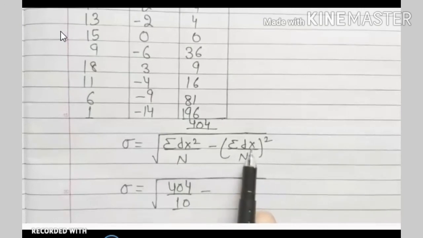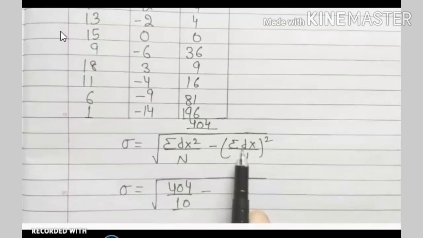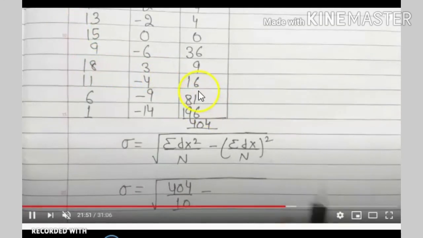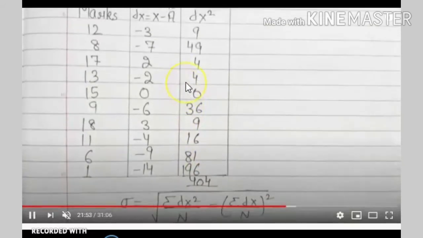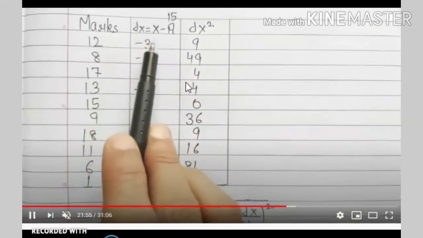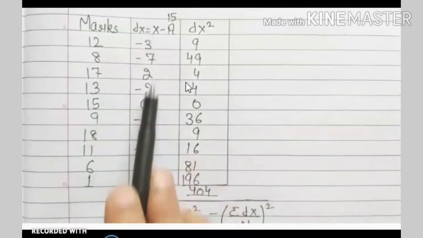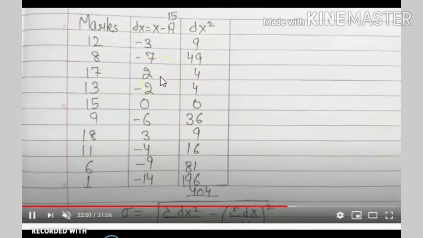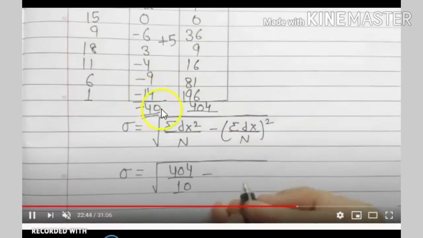the sigma dx, which you hadn't found earlier, so you have to find the total of the dx column. As you know, first you add the minus signs together, then the plus signs together, then you find the answer for the column. It will become minus 40.